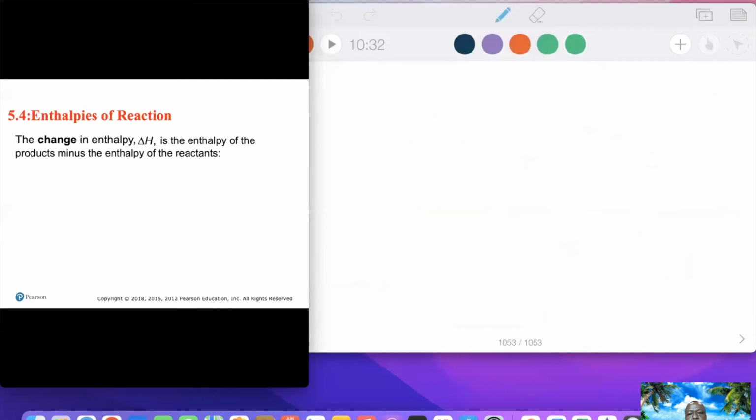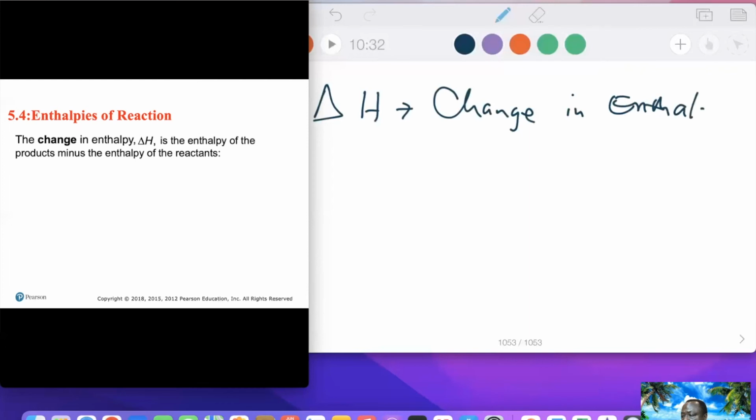We just have looked at the enthalpy by itself, but now the enthalpy of a reaction, a chemical reaction. When we say reaction, that means we have the products, we have the reagents. This means change in enthalpy, ΔH.